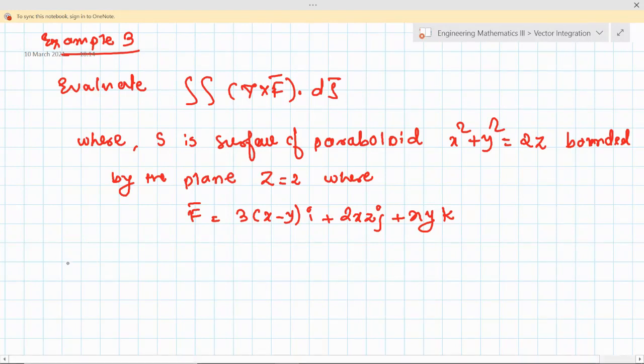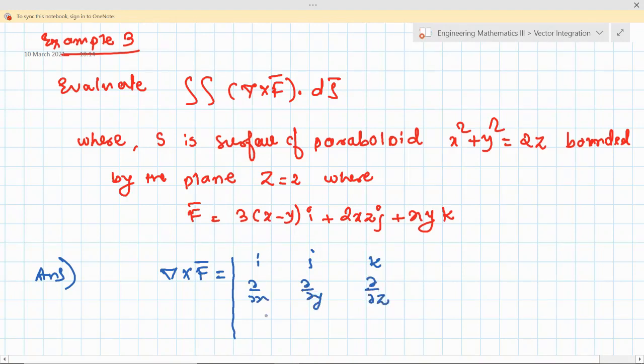Now what is del cross F bar? My del cross F bar is simply the determinant with rows i j k, del by del x, del by del y, del by del z.